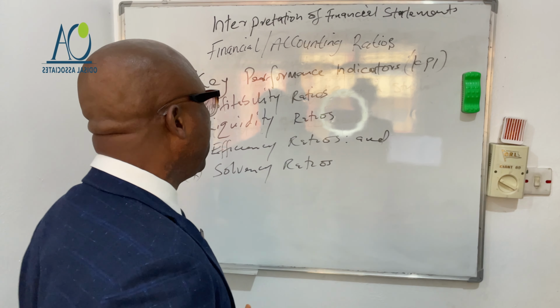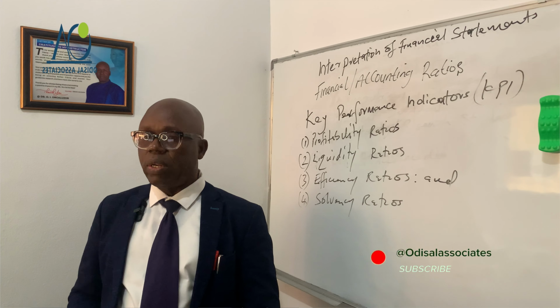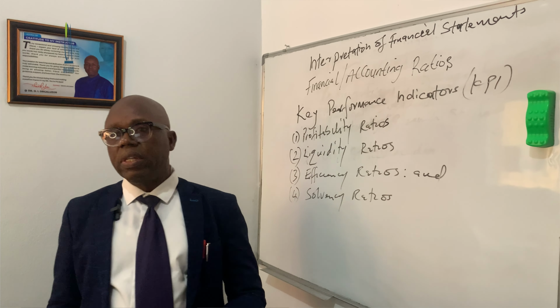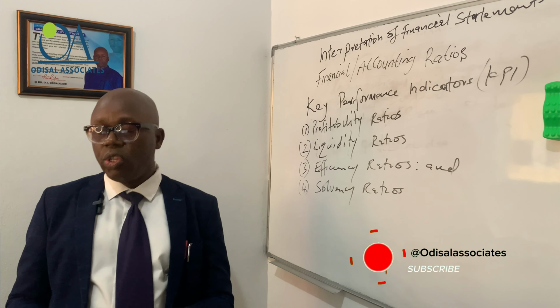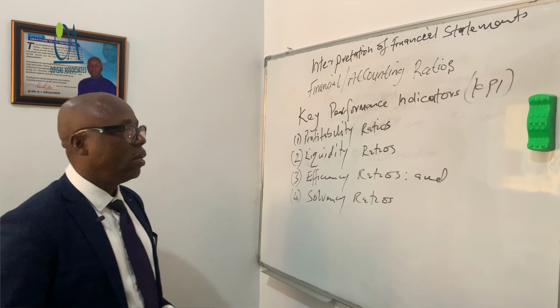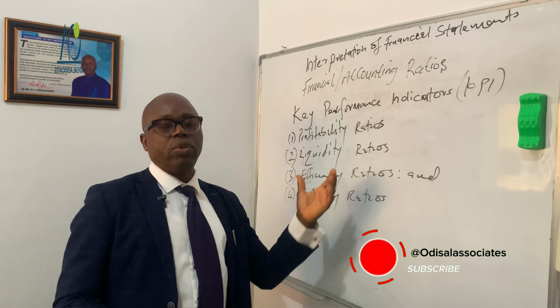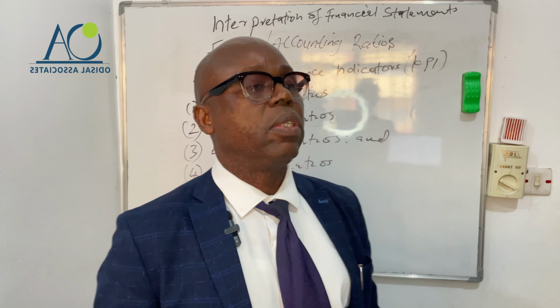These are the basic names that these ratios are called. As we go on to study them, we will give you some of the names that they can also go by, so that when you hear them, you will not think that it's a different ratio. In these ratios, we have more than one ratio that can be computed.